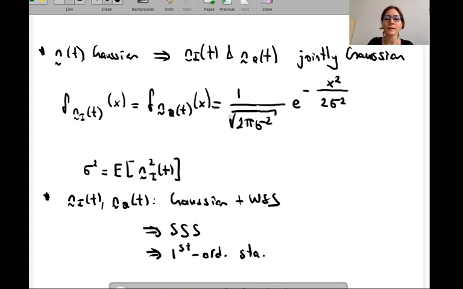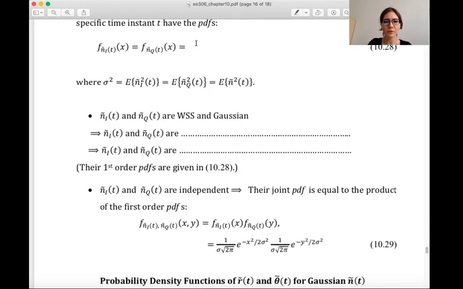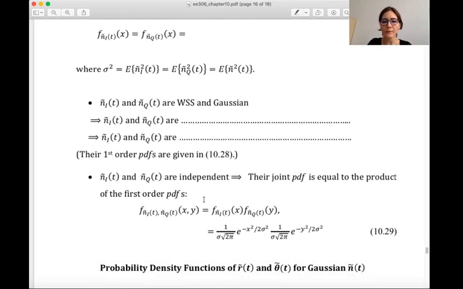So for any t, this random variable always has this density which has no dependence on t. So this is coherent with the implication that Gaussian plus wide sense stationary gives you a first order stationary process. Okay, so the first order PDF expressions were given here.